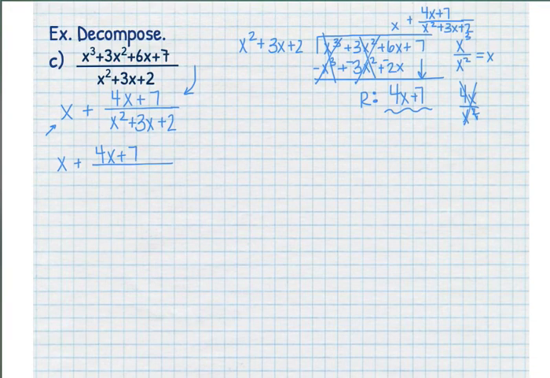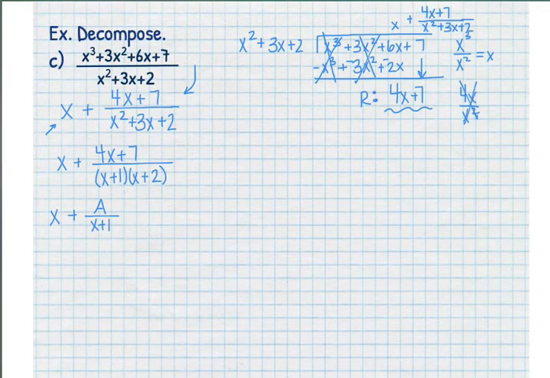We need to factor our denominator. What are two numbers that multiply to 2 and add to 3? 2 and 1. So that's going to be x plus 1, x plus 2. So that means I'm going to have A over x plus 1 plus B over x plus 2.